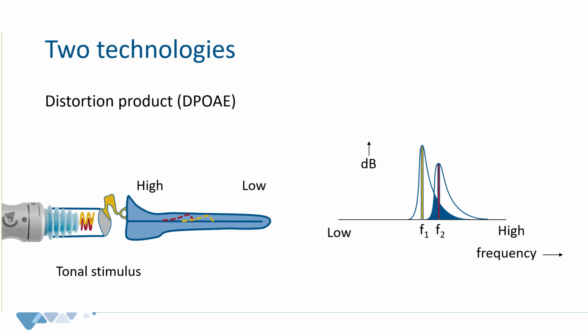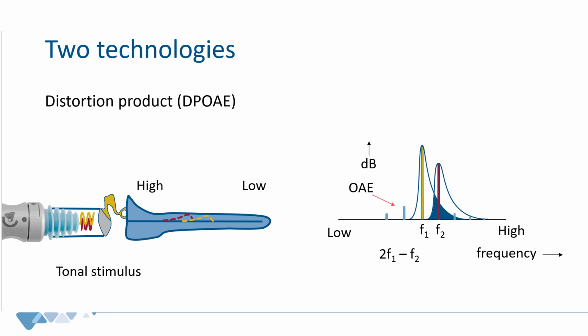Luckily, something very special is happening. The area of the basilar membrane that is activated by both tones has an additional OAE frequency that is being produced. Here you see it visualized. It's the same distance as between the two stimuli, but then further down you see there is an OAE with that frequency produced.